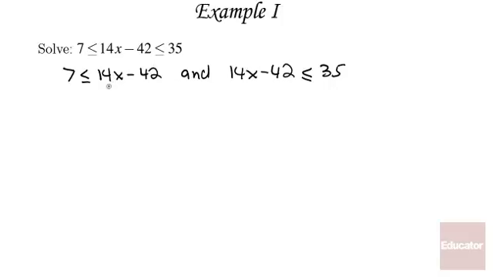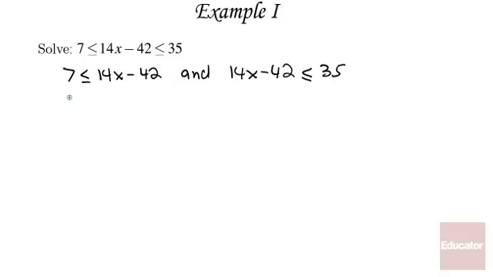But this is really a compound inequality that is joined by the word and. And remember that in order to solve these, you solve each inequality, and then you find the intersection of their solution sets. So for inequalities joined by the word and, we're going to need to find the intersection of the solution sets.